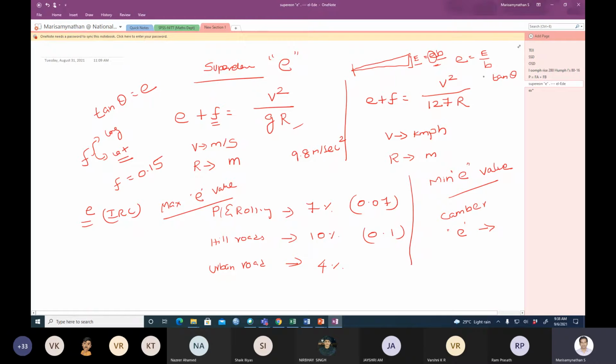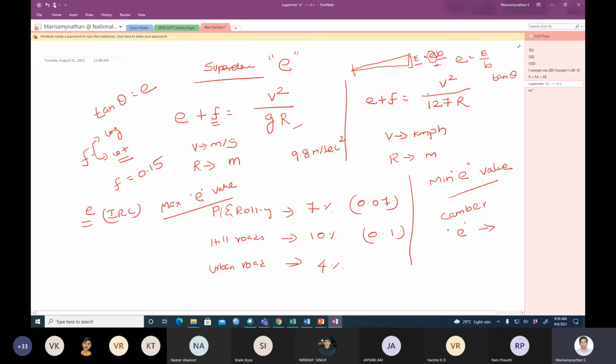Various factors influence the design of the super elevation, like the speed, the horizontal curve radius provided in the field, the coefficient of friction between the tire and the pavement surface, and the center of gravity.